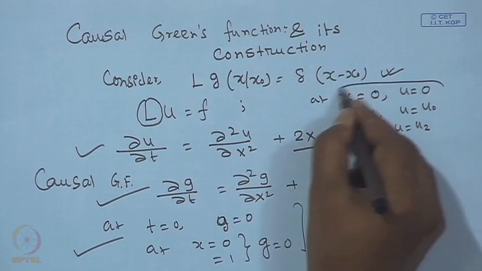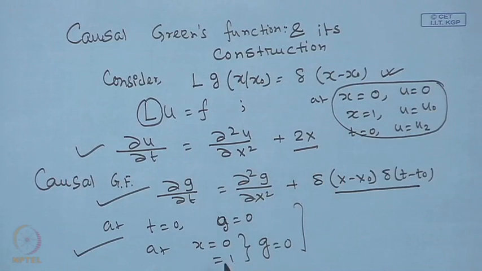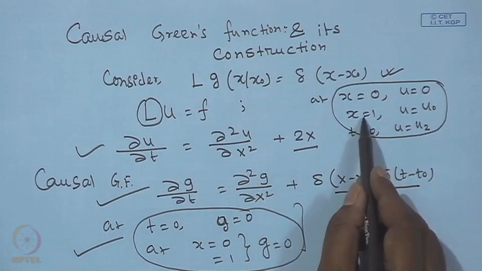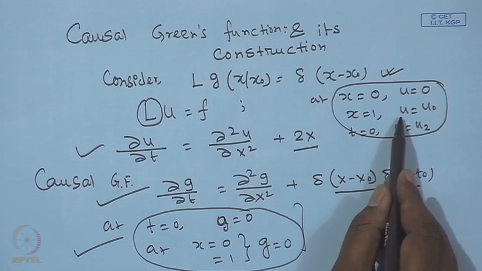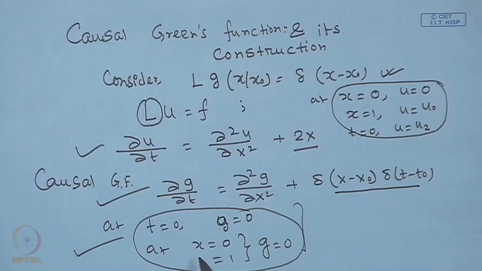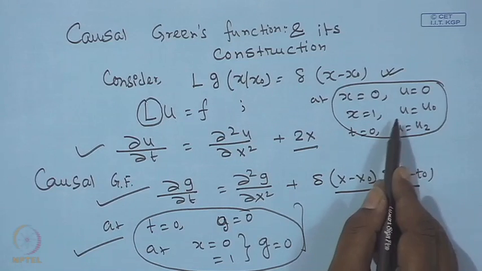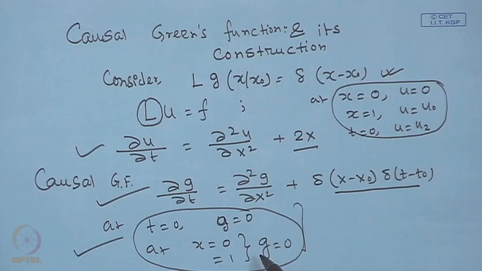The initial and boundary conditions of the original problem have to be replaced by homogeneous conditions in the same form. If at x equal to 1 you had del u del x equal to 0, in the causal Green's function also you should have at x equal to 1, del g del x equal to 0. We take the corresponding form of the boundary conditions, but make them homogeneous.